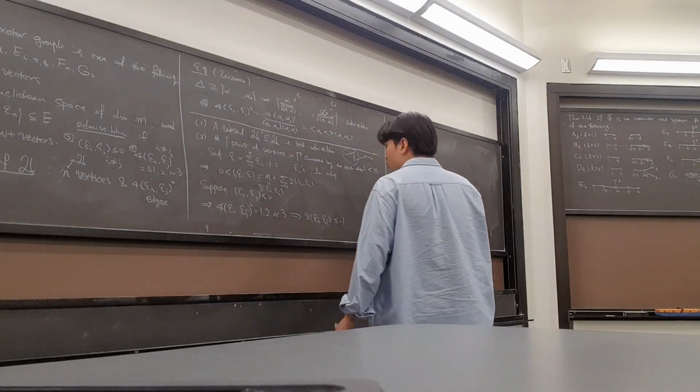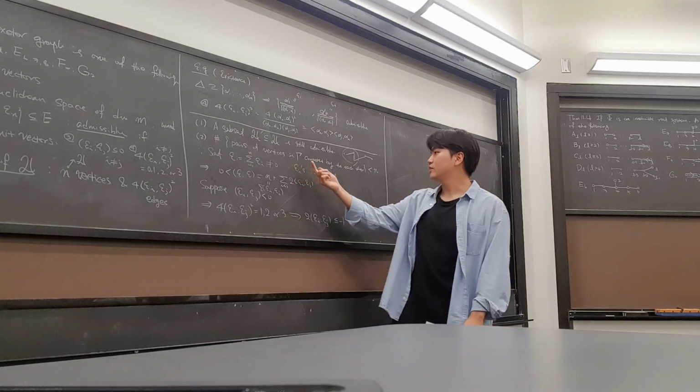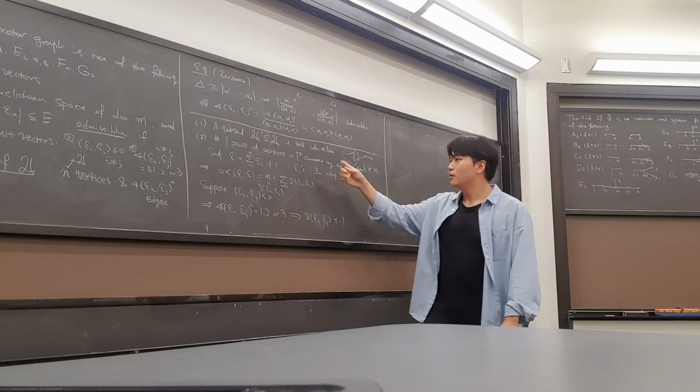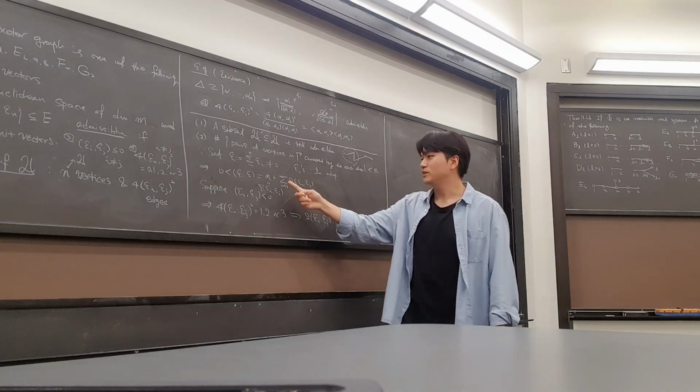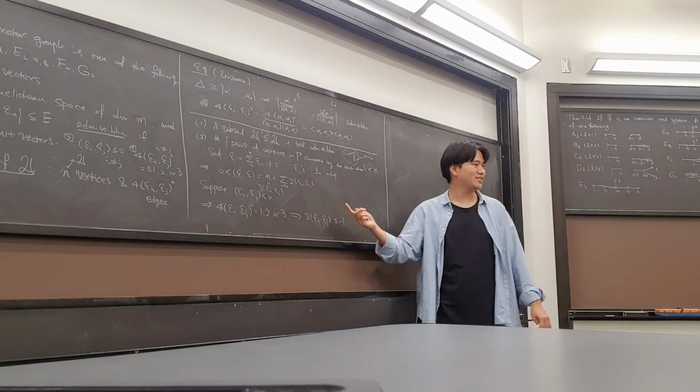Because if you have greater than or equal to n pairs, the terms are negative or 0, so this is a contradiction.